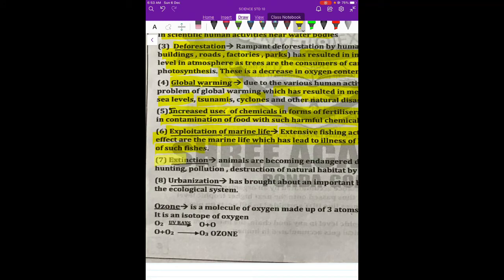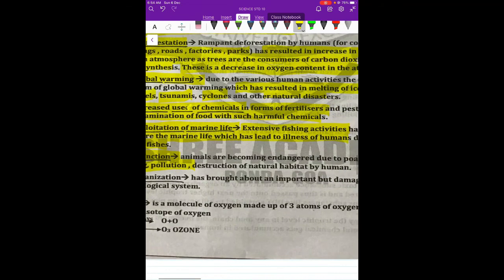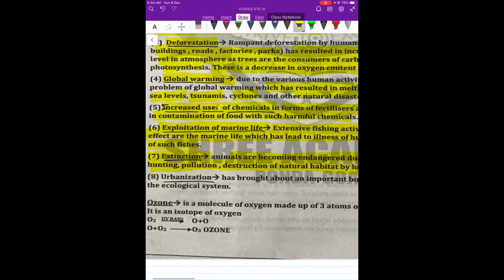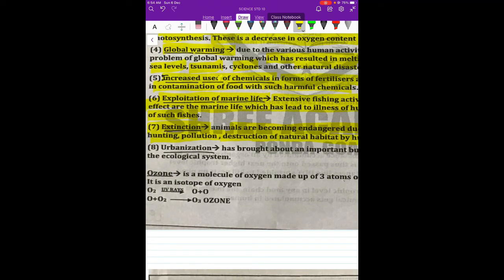Extinction. Many animals have gone extinct because of extensive hunting, poaching, pollution, destruction of natural habitats. Man is capturing the forest for his own benefit, but we are driving away the animals from their homes. This has resulted in extinction of some species. And urbanization. Nobody wants to live in a village. Urban cities are formed, due to which we are destroying the whole natural ecological system.